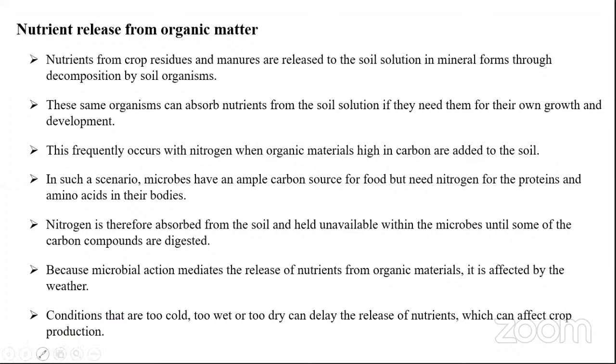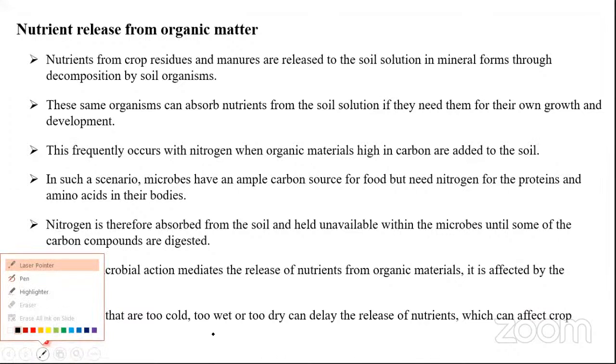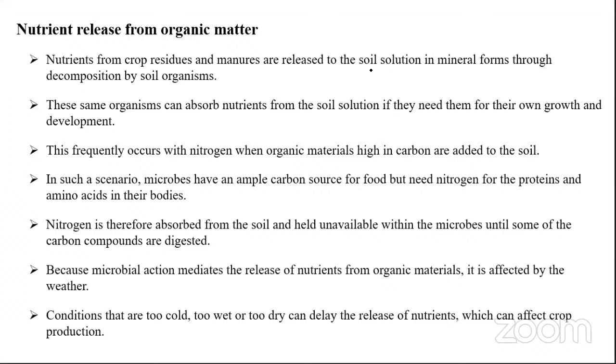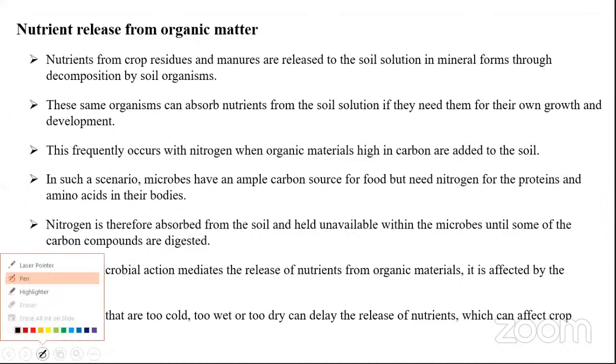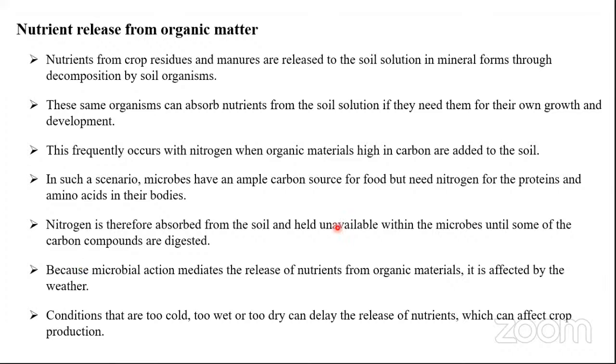Naturally, students, if you add, for example, any material like cow dung or sheep droppings or whatever matter of organic nature, it will be very fresh and very complex matter. It will be very complex in structure. So those nutrients can't be taken directly by the crop. So intermediately these microorganisms will play a major role.